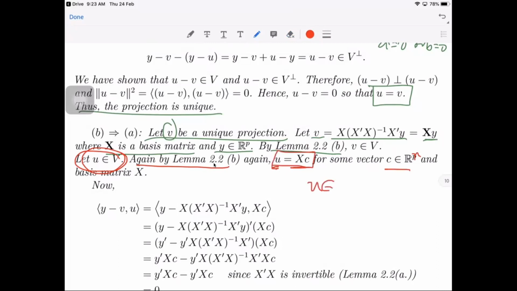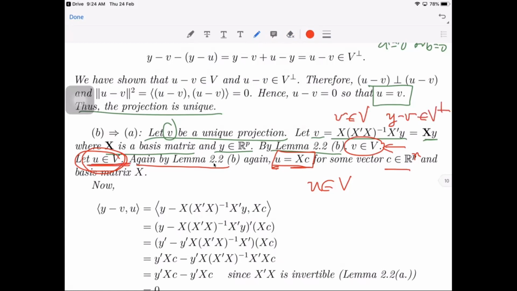So CU nasa V. Si V nasa V. Okay? Para mahimo ning projection, sa ganitong definition sa projection, dapat CU, si V, para mahimo niya siyang projection, dapat si V nasa B, man si Y minus V nasa B per.